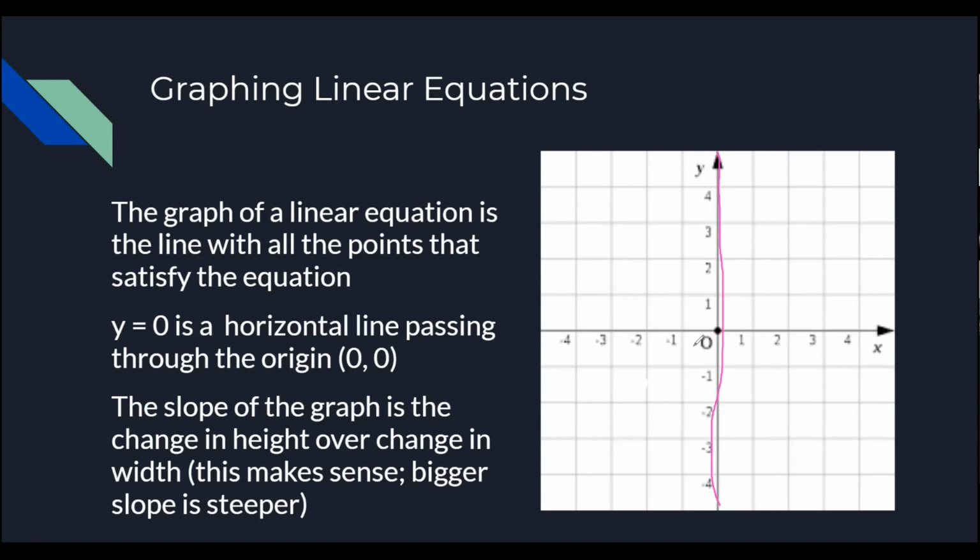Daniel, do you have a question? If they say to plot 0, 0, you just plot the very middle of it? Exactly. So that's what the origin is. Okay, it's the very middle. It's 0, 0. Cool.